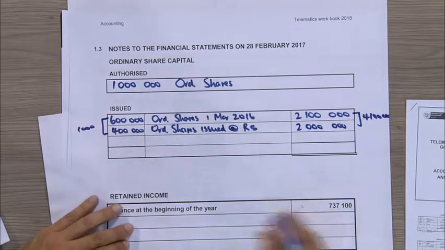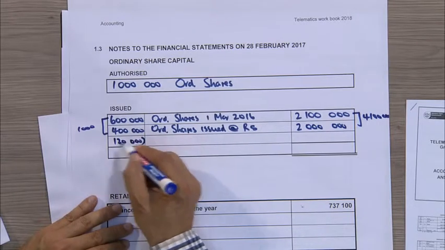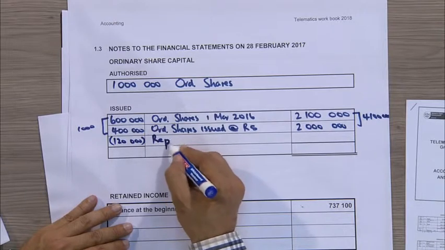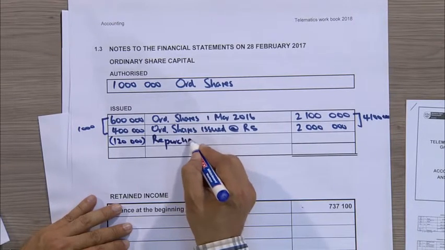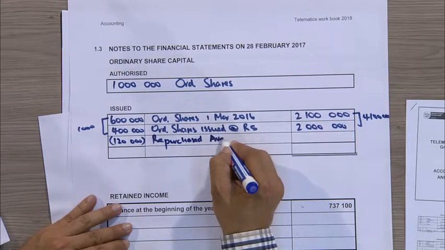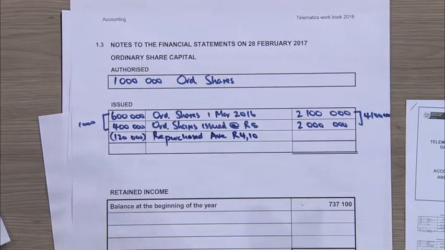Okay. Then it says that we want to repurchase 120,000. And the average was 4 Rand 10 cents.